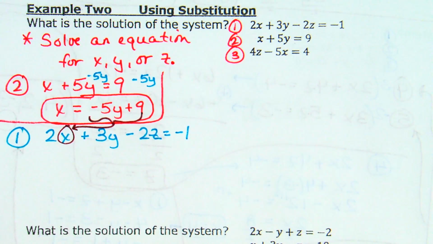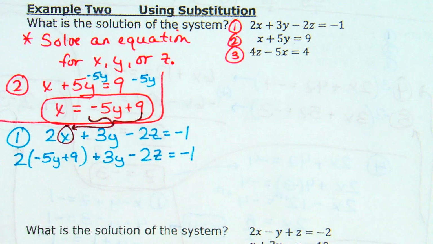So it's 2x, which means I'm going to do 2 times negative 5y plus 9, still plus 3y, still minus 2z, still equals negative 1.